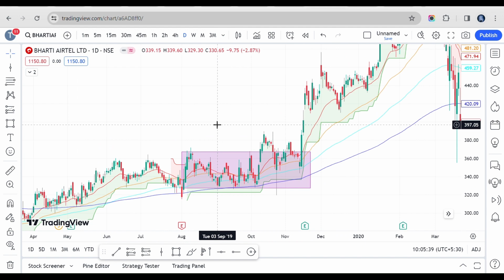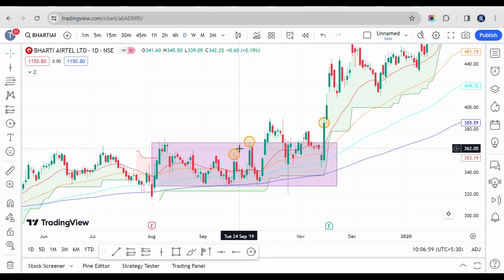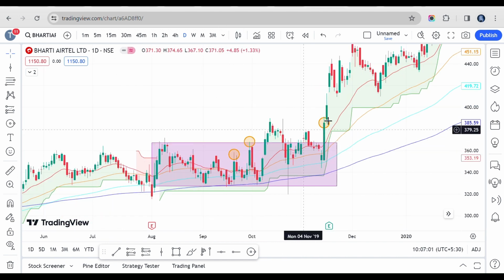Then the second point you need to check is whether both the EMAs and the Supertrend indicator are aligned with the candlesticks. That means for our buying strategy, price should close above both the Supertrend indicator and the EMAs. See here, this circle is what that means.